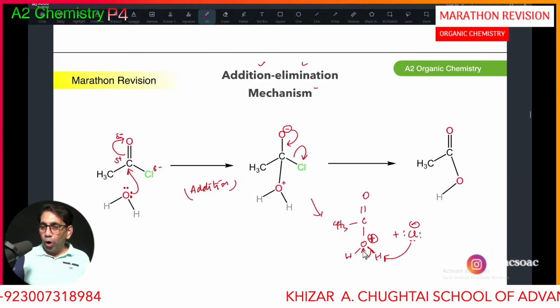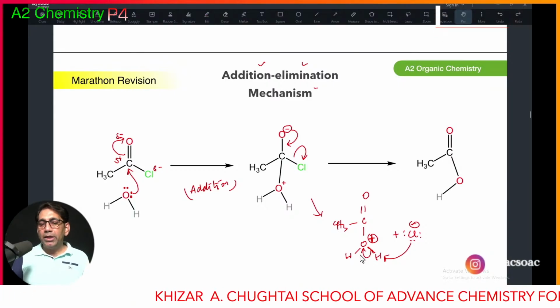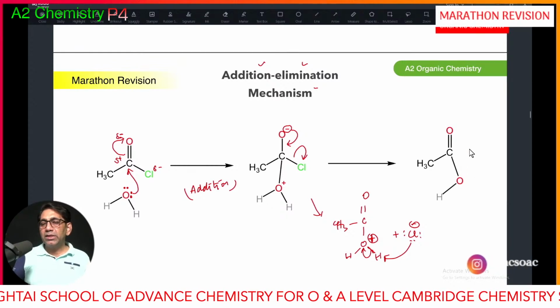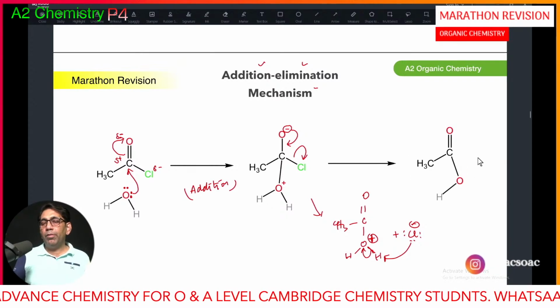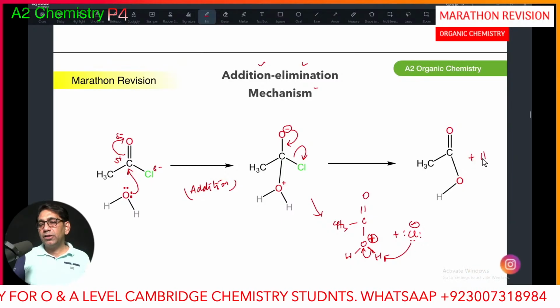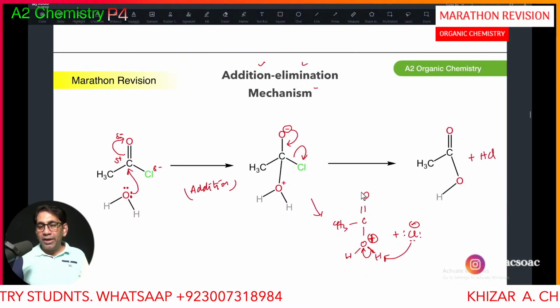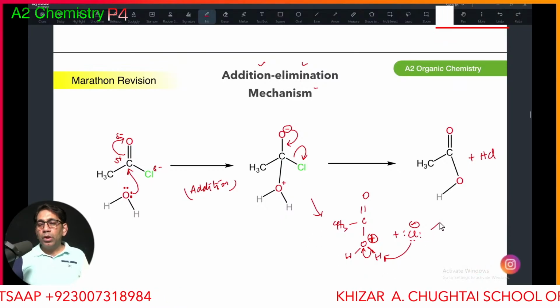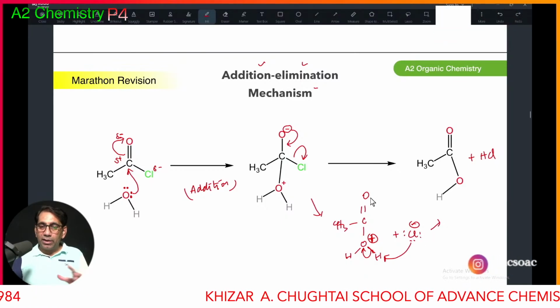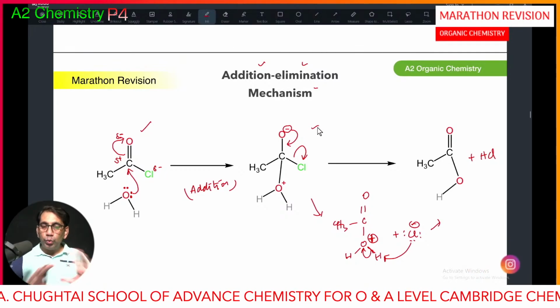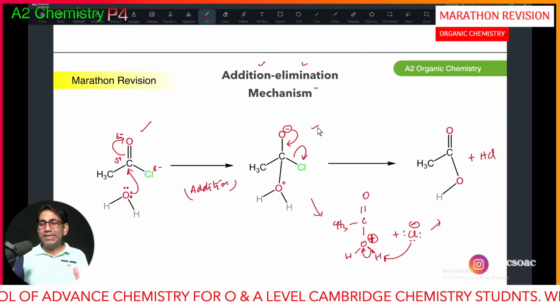When this bond shifts onto oxygen, it is going to make a negative charge. Positive and negative will be cancelled out. Simply this compound is going to be formed, plus there is HCl. But you are not supposed to write this third step. Just draw this 2-step mechanism.